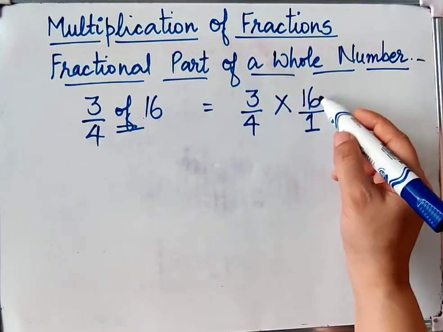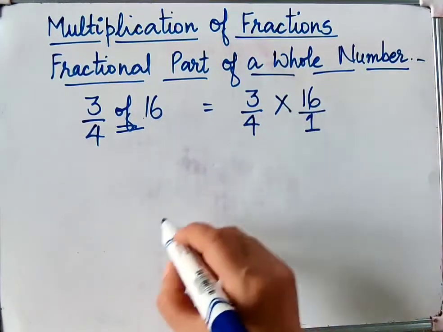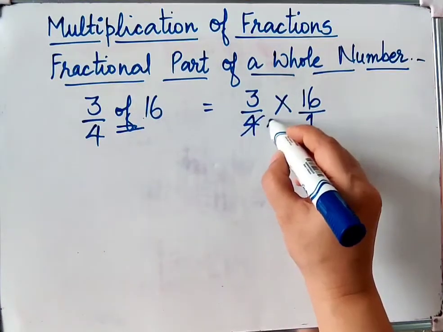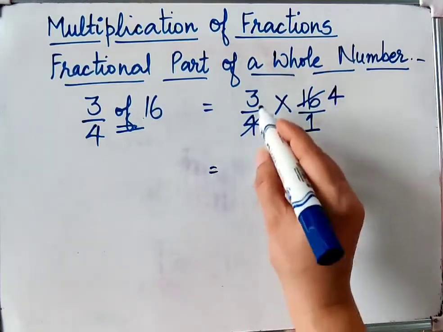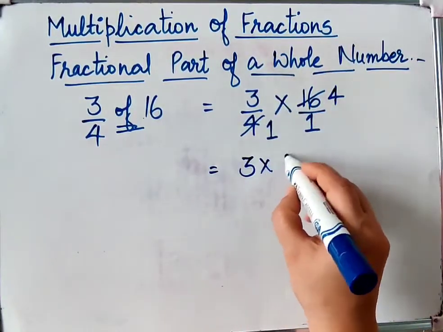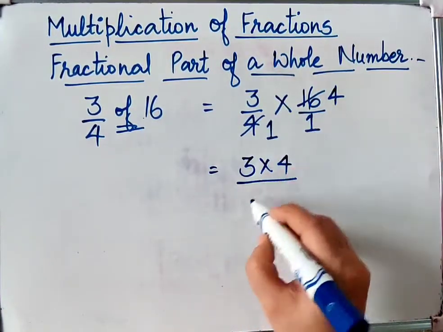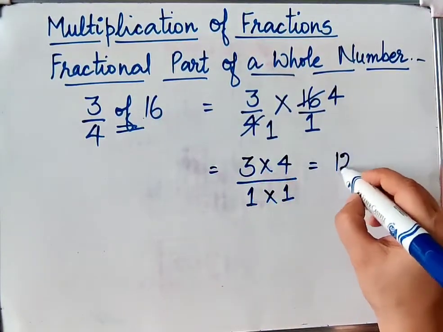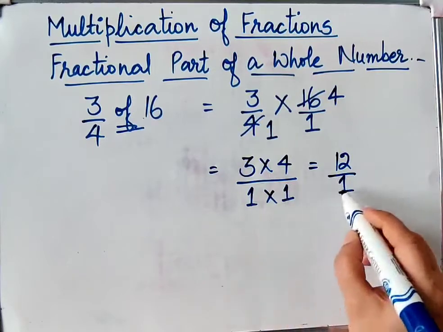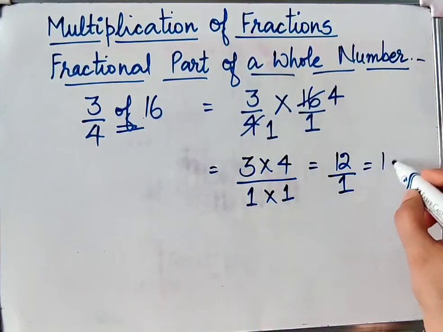Again we see that 4 and 16 are multiples of 4. Therefore 4 one times gives me 4, 4 4 times gives me 16. 3 multiplied by 4 will be the numerator and 1 multiplied by 1 will be the denominator. 3 4 times gives me 12 and 1 multiplied by 1 is 1. 12 by 1 can simply be written as 12.